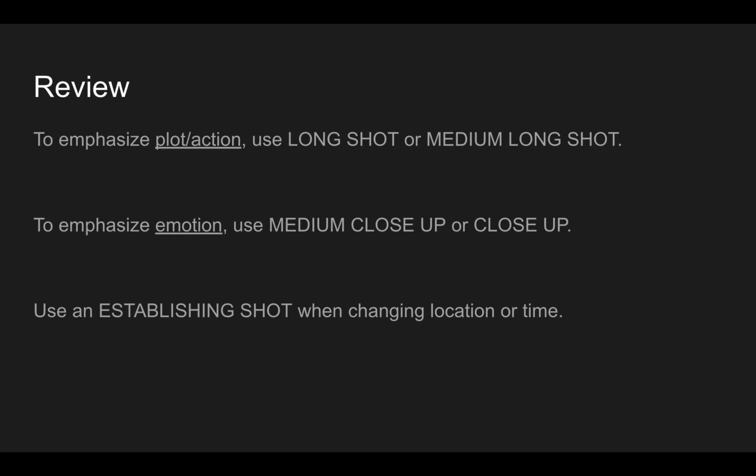If we want to emphasize a character's emotions, if we want the audience to feel what the character is feeling, then we need to move the camera closer to them. And of course, if you go on to do film production and you make a movie, if you're changing locations in your story, in your film, use an establishing shot to help let the audience know that you're doing that.